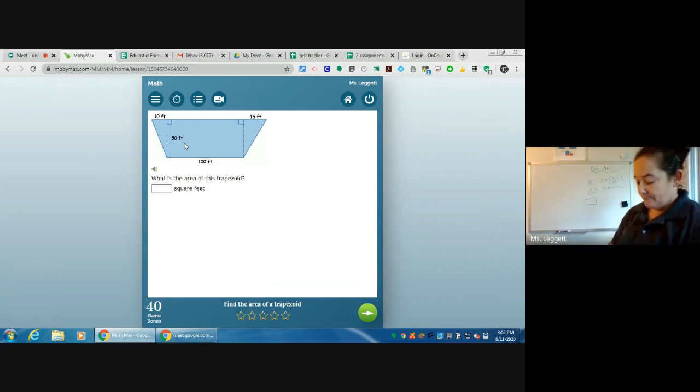That's basically just 15 times 25, and it gives you 375. Rectangle is 50 times 100. That's 5,000. And now we have to add up 1, 2, and 3.